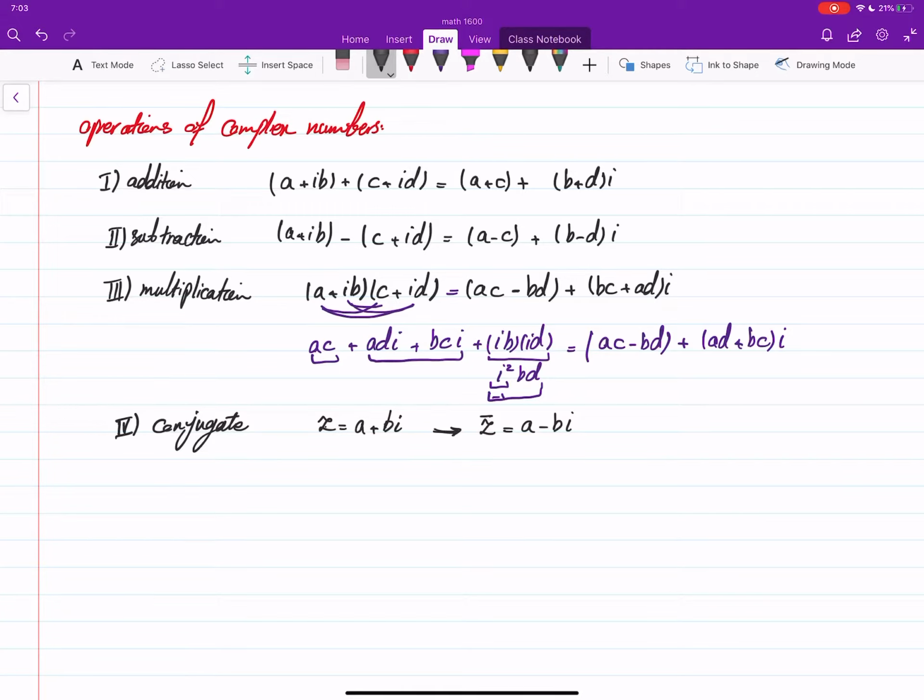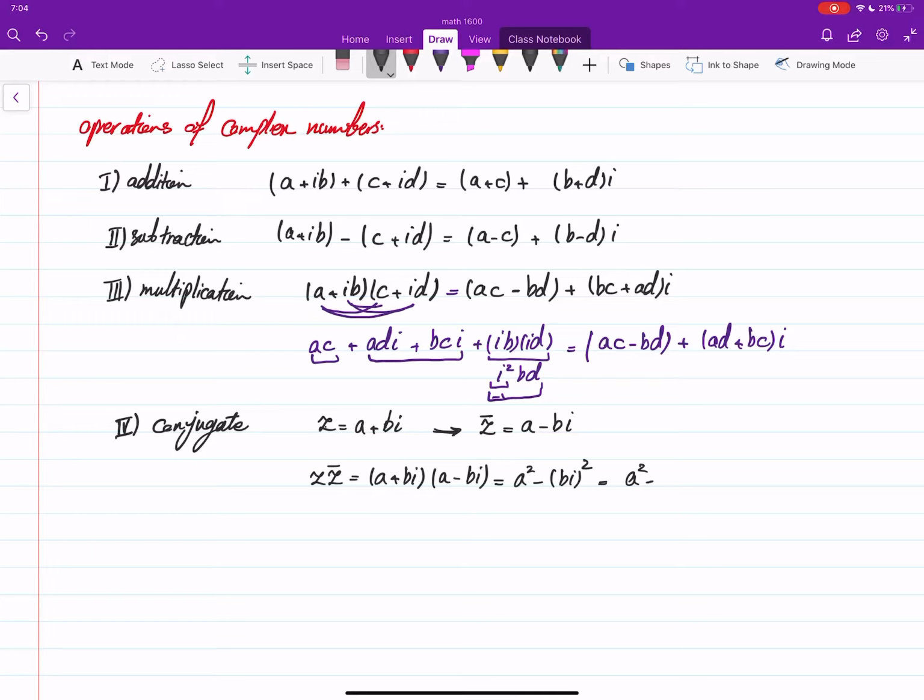And something nice about the conjugate is that when you multiply z to z bar, you get (a plus bi)(a minus bi). If you multiply such a thing, you will get a squared minus (bi) squared.